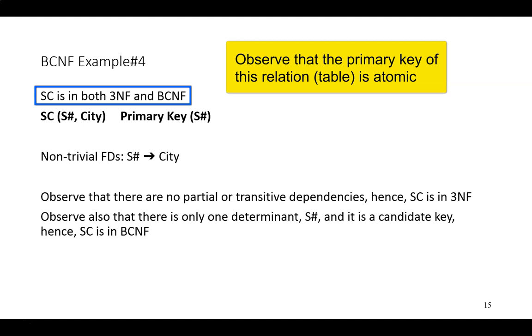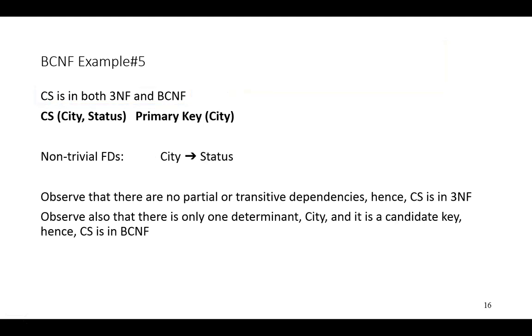There are no partial dependencies, nor are there transitive dependencies, so by definition, SC satisfies third normal form. There is only one determinant, S number, and it is a candidate key, so again, by definition, SC satisfies Boyce-Codd normal form. A similar example here, but a change in the attribute name.